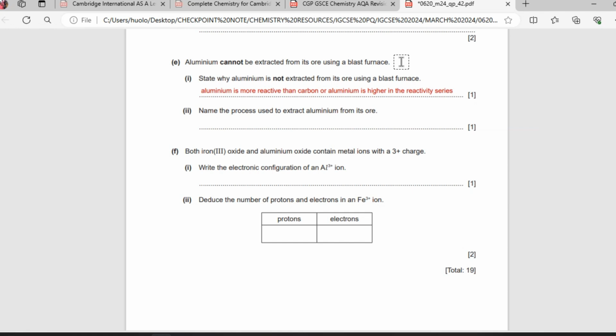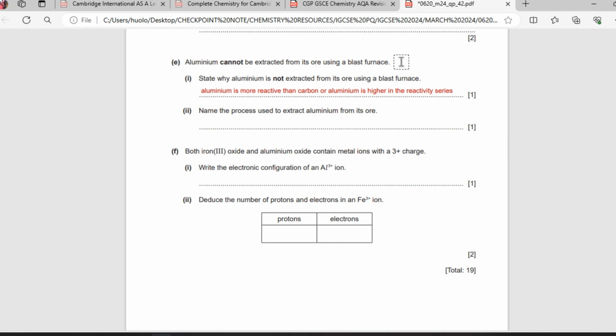Or you could state the converse, the opposite, by saying that carbon is less reactive than aluminium, or carbon is lower in the reactivity series.